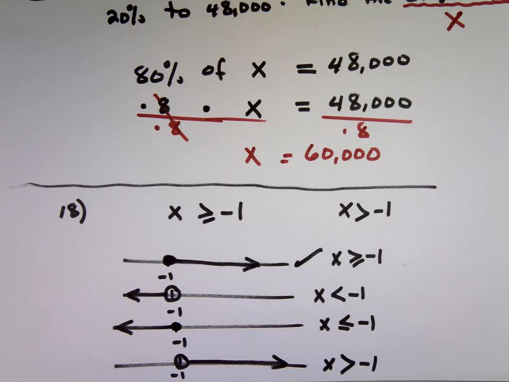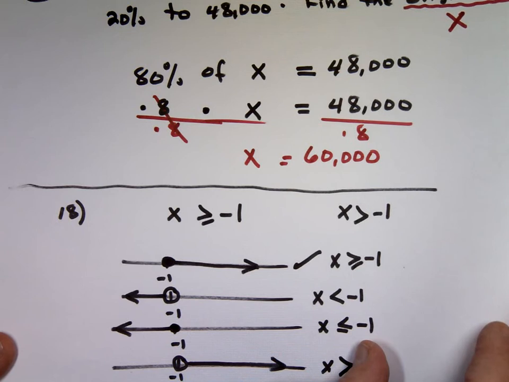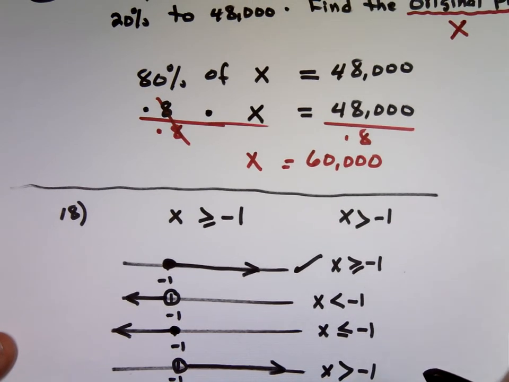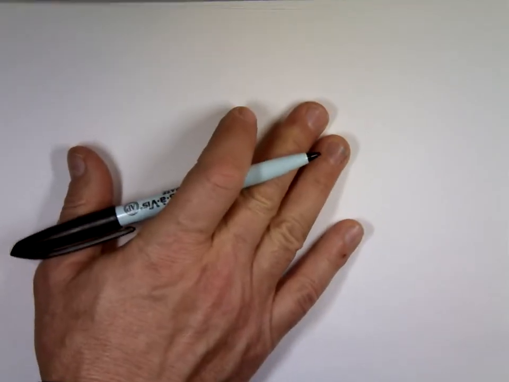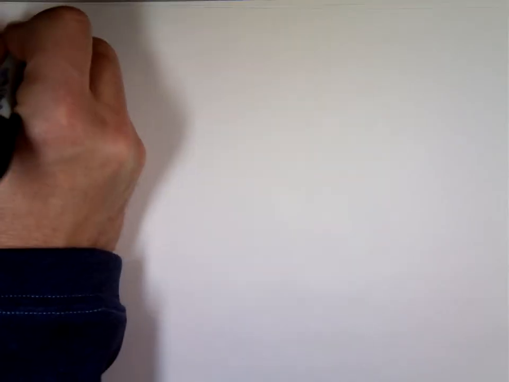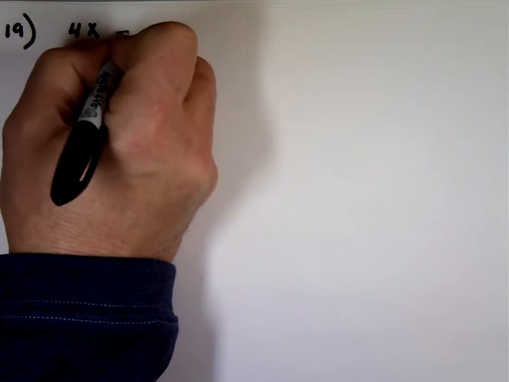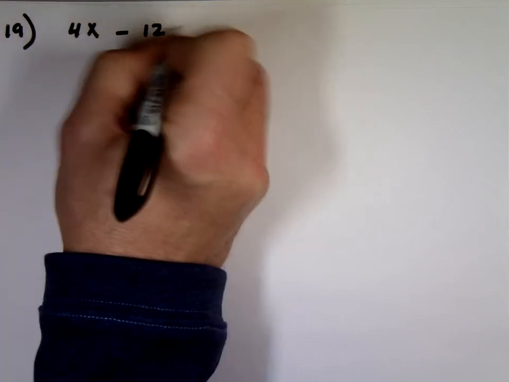And now the last 2 sections we covered, I have 2 questions from them. Number 19, I have 4x minus 12 is greater than negative 36.